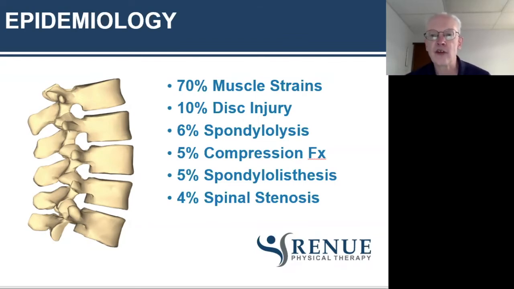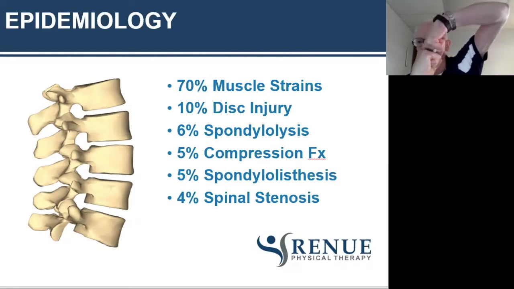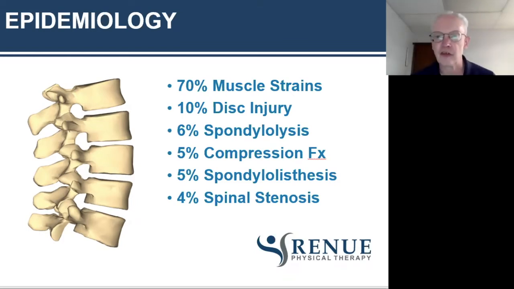And going further down in terms of some other situations that involve the bones or part of the bones, there are phenomena known as spondylolysis, where you get some irritation and some problems with components of the vertebral body, fractures or compression fractures, spondylolisthesis, which is a slipping of one vertebral body on another, and then finally spinal stenosis.